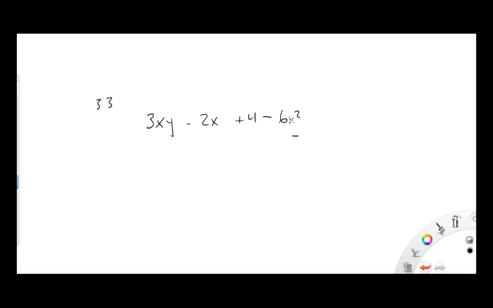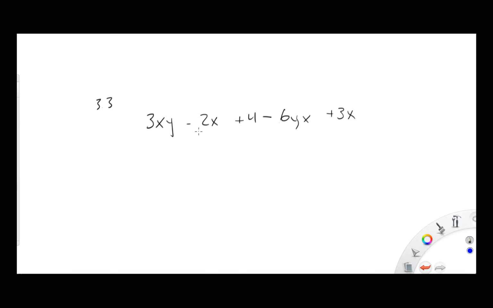Let me erase this part of it. All right. Okay. So we have 3xy minus 2x plus 4 minus 6yx plus 3x.